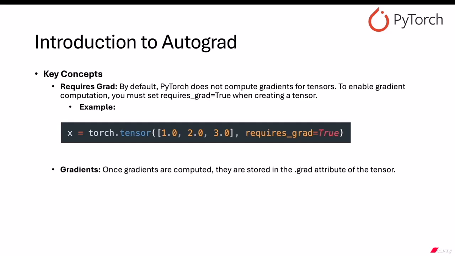By default, PyTorch does not compute gradients for tensors. To enable gradient computation, you must set requires_grad to True when creating a tensor. Here is an example where I am saying x = torch.tensor([1.0, 2.0, 3.0], and in the second attribute I am saying requires_grad=True). Gradients. Once gradients are computed, they are stored in the .grad attribute of the tensor.